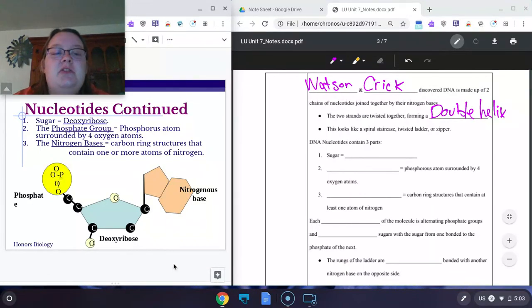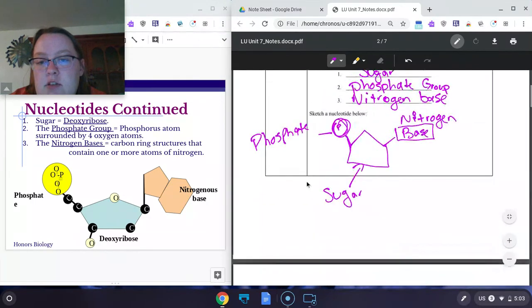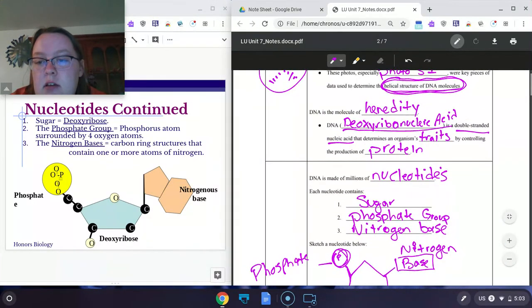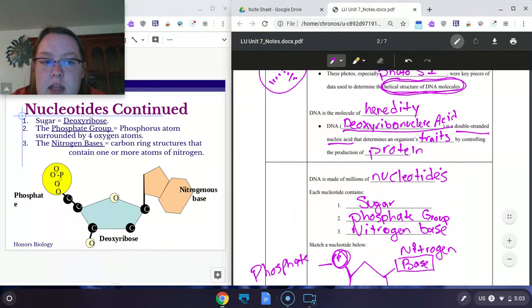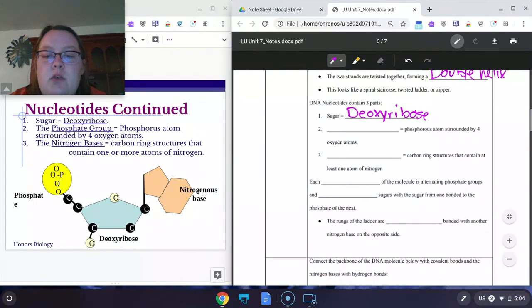So again, nucleotides have 3 parts. The sugar is deoxyribose. Now, if you notice, DNA stands for deoxyribonucleic acid, and the sugar in DNA is deoxyribose, so DNA's name comes from the sugar.